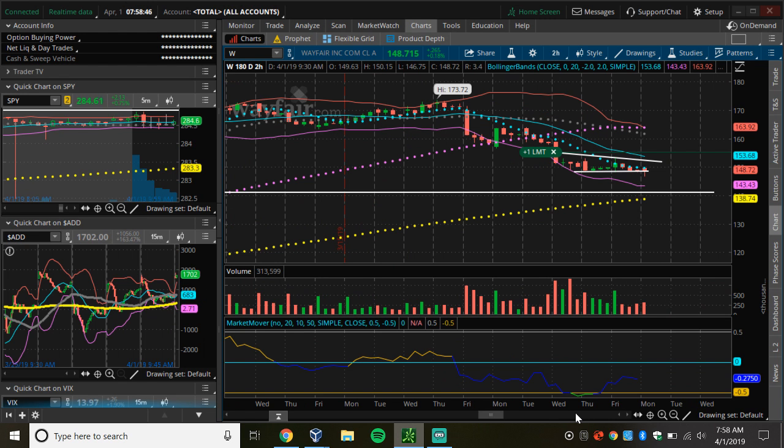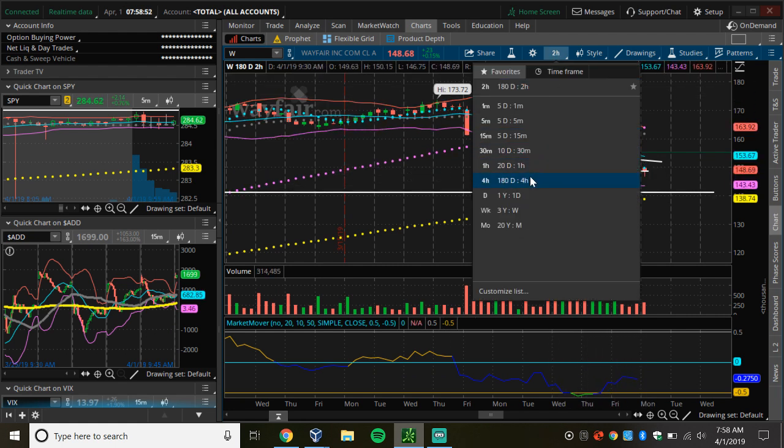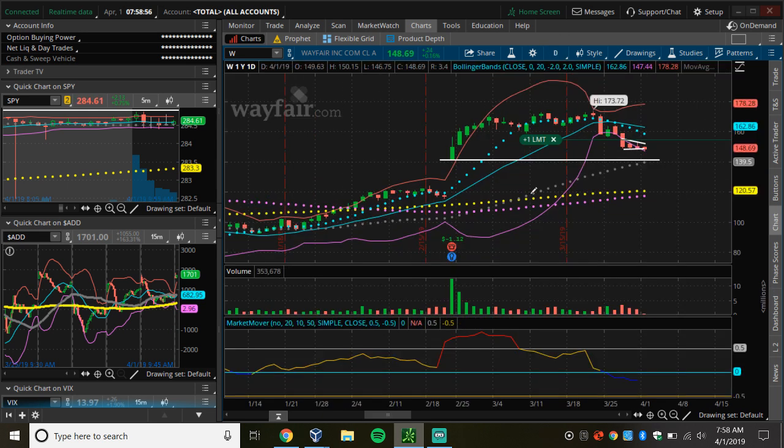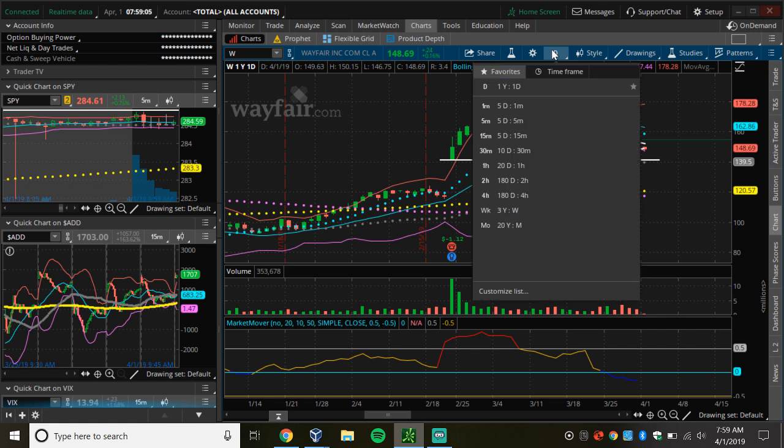On the 2 hour, still holding above. Like another red candle on the daily, so just a lot of red coming into Wayfair.